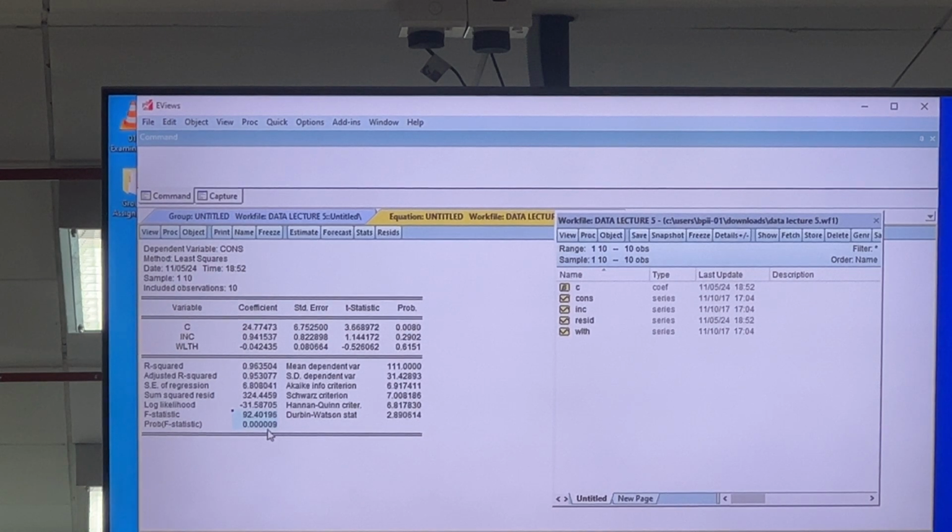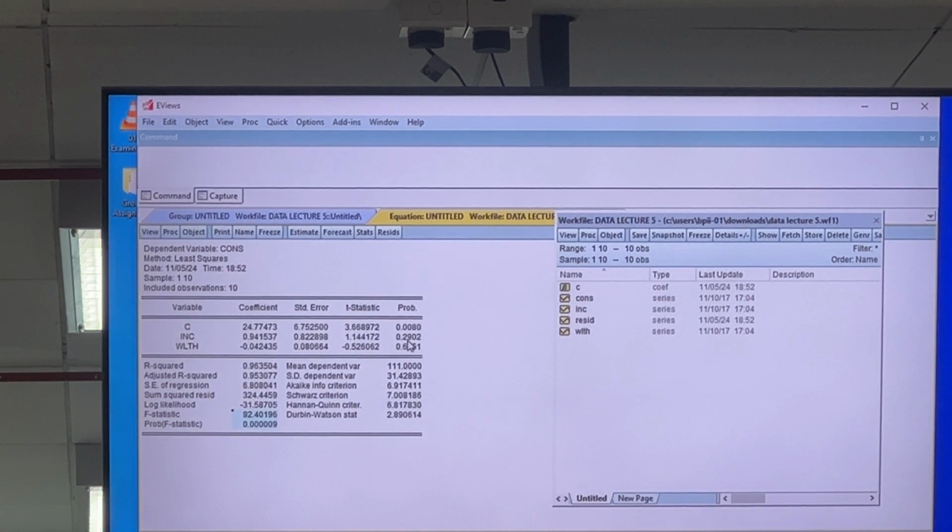Remember, this F test is used to test the joint overall significance of the slope parameters. So the null is beta 1 equal to beta 2 equal to 0, the alternative is at least one of them not equal to 0. Based on this result, we reject and conclude that at least one of them is not equal to 0.